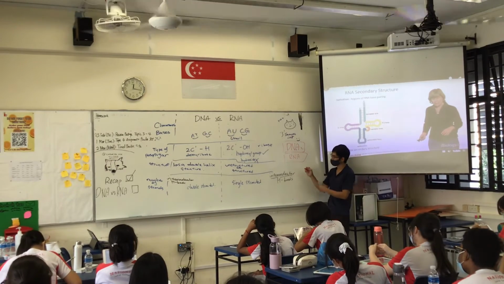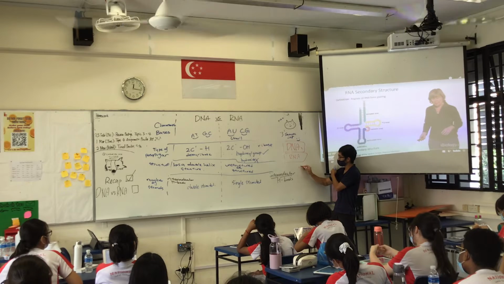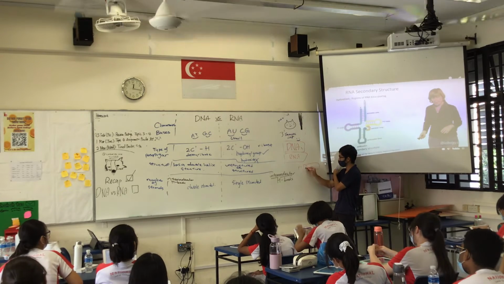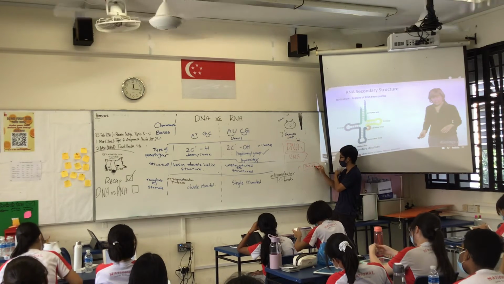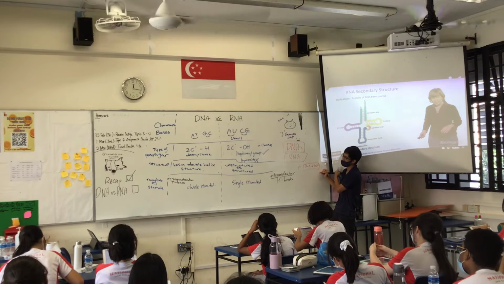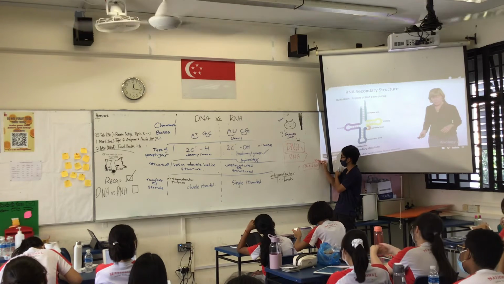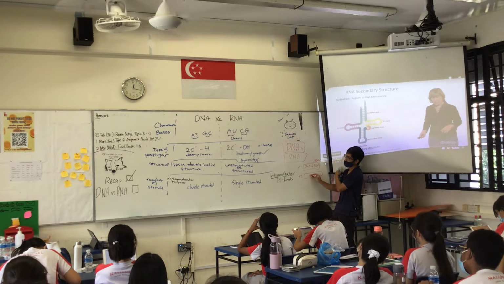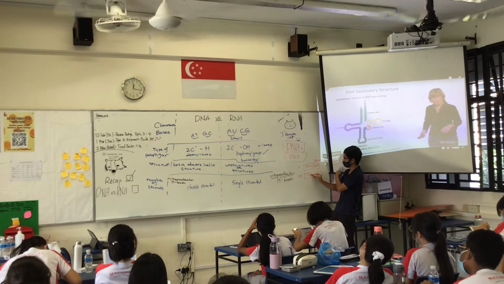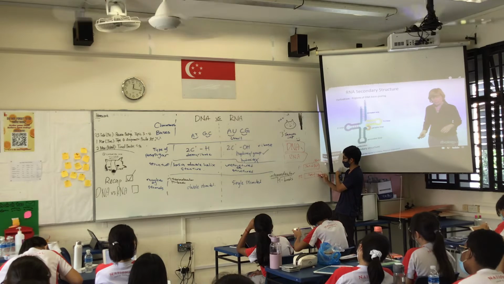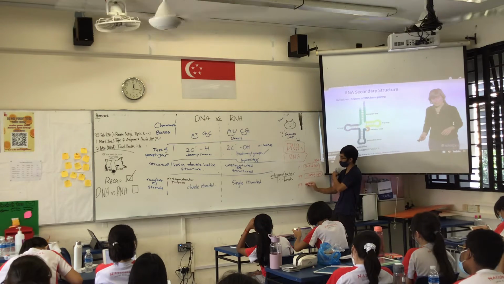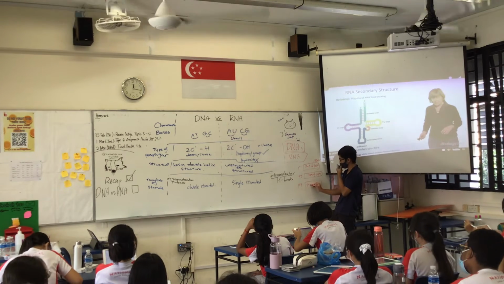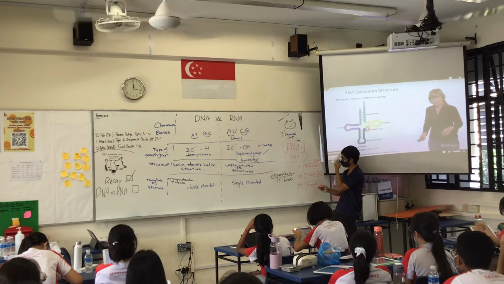Instead, you could compare point 1, DNA versus RNA. Maybe the first point is on bases. Then point 2, second paragraph, I want to compare type of sugar. Then maybe paragraph 3, I want to compare the structure.